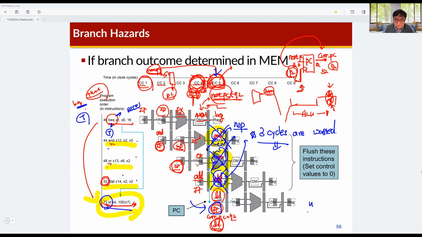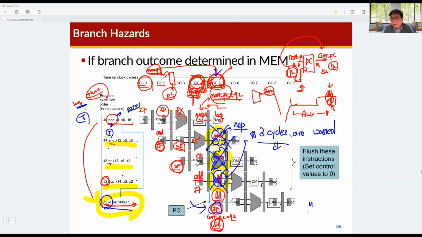In order to update the PC as the target of the branch instruction, this processor needs to wait until the condition of the branch instruction is resolved.